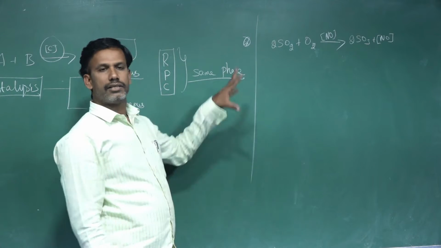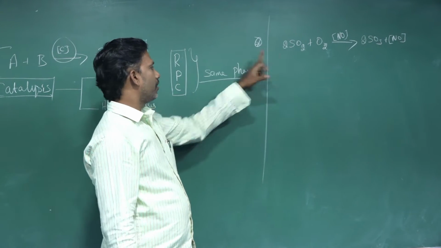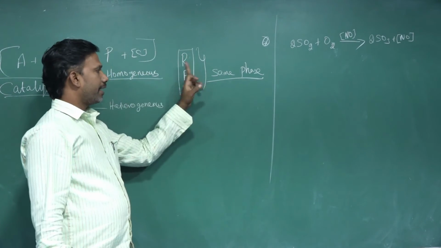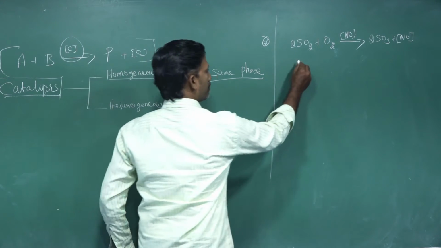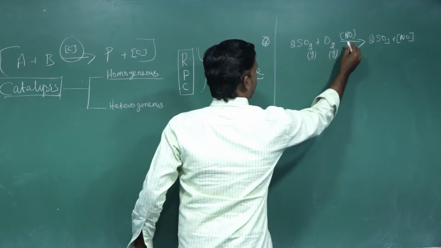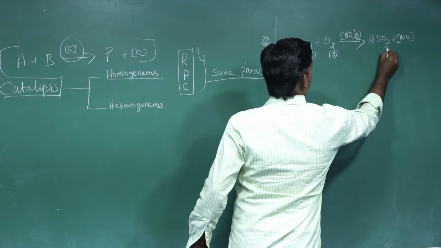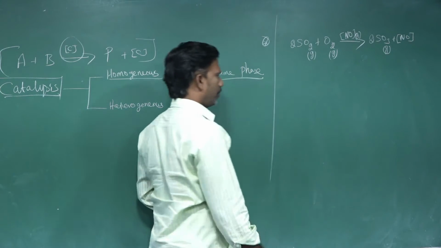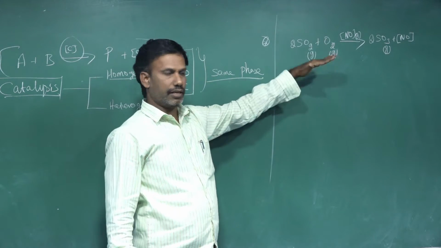Why sir, is it called homogeneous catalysis? That's your question. In homogeneous catalysis, the reactant, product and catalyst are all in the same phase. For example, here SO2 is a gas, O2 is also a gas, the NO catalyst is also a gas, and the product is also a gas. So everything is in the same phase. It may be a gas or a liquid.